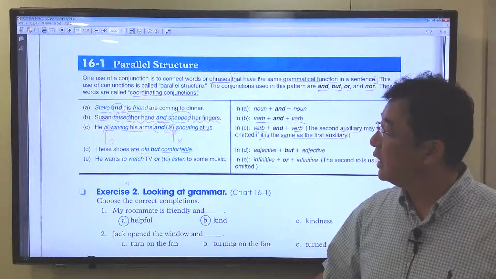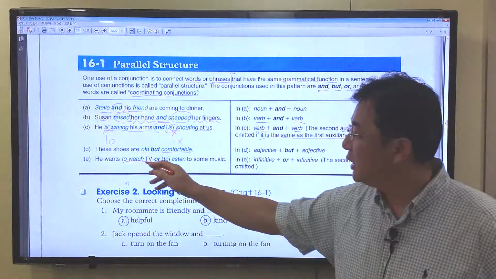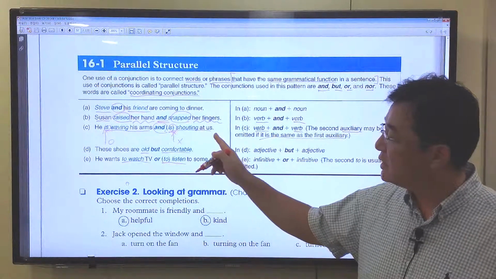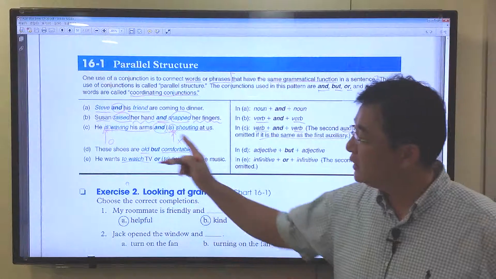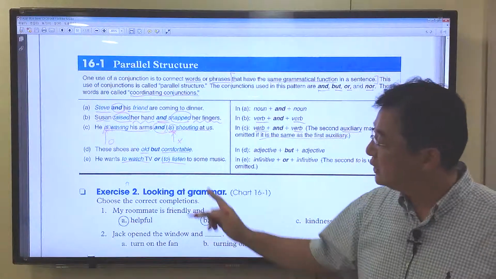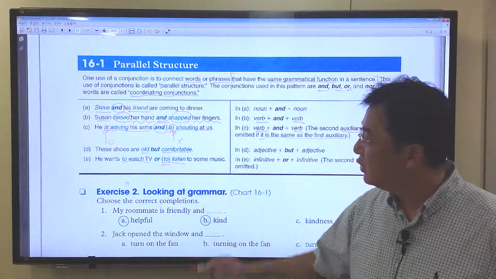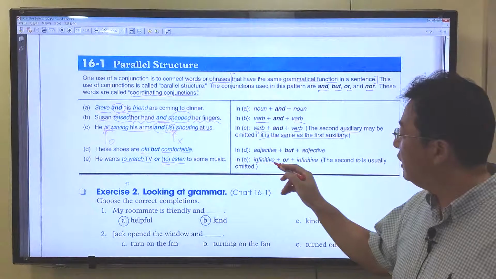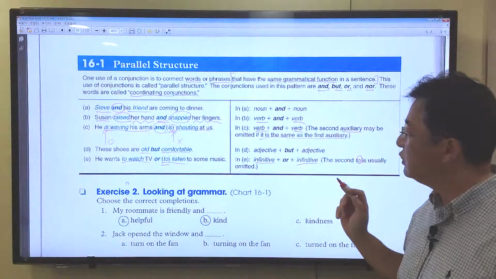It's connecting related words or phrases, but this time connecting two infinitives. But as in example C, the second auxiliary verb is omitted because it's the same as the first auxiliary. So same thing with this format too. The second to infinitive, the to part, is omitted. 그죠? 그래서 infinitive하고 infinitive 연결했는데 the second infinitive to is usually omitted.